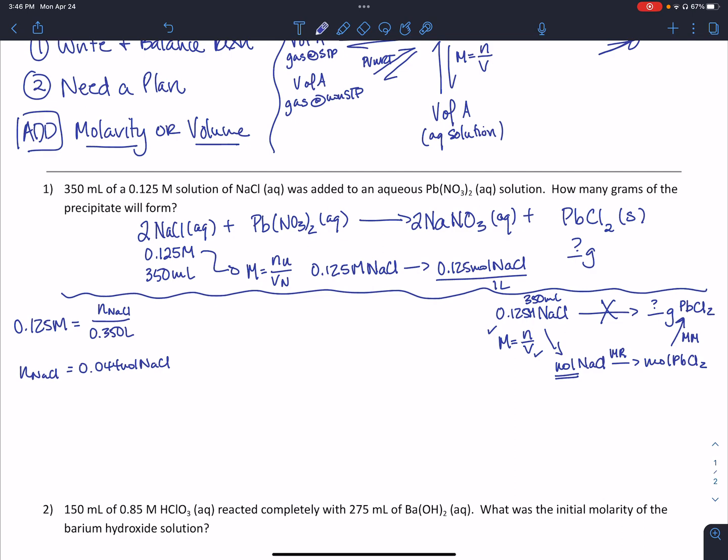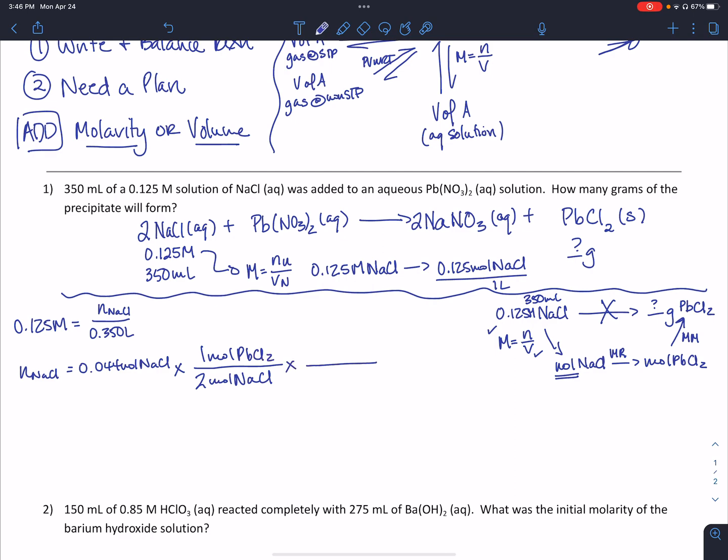This I can plug right into the second step of my plan and then finish up with stoichiometry. So if I have 0.044 moles of NaCl, according to the balanced chemical reaction, for every 2 moles of NaCl, I will produce 1 mole of PbCl2.